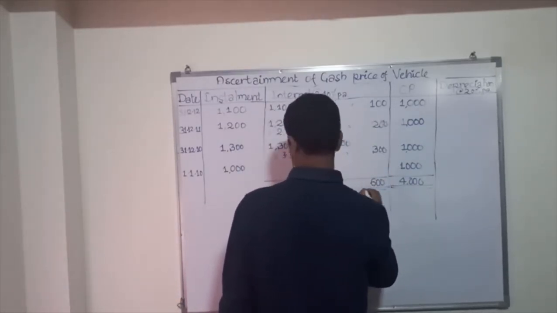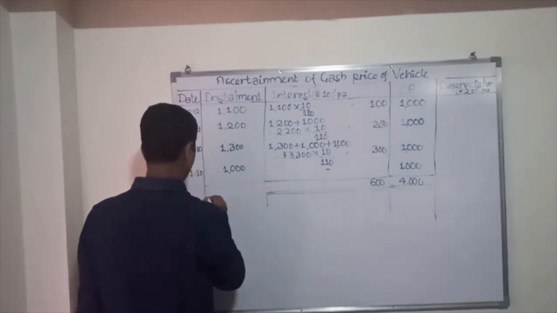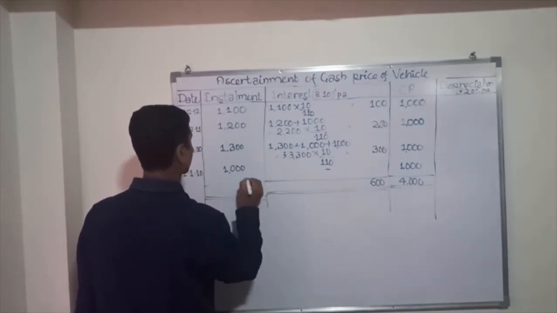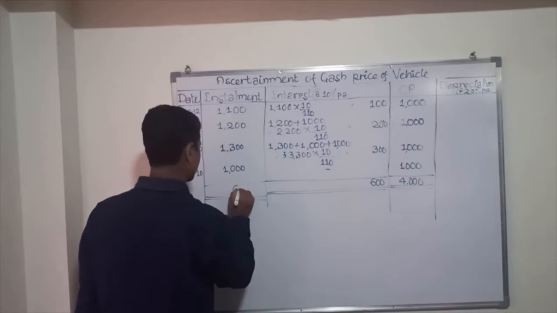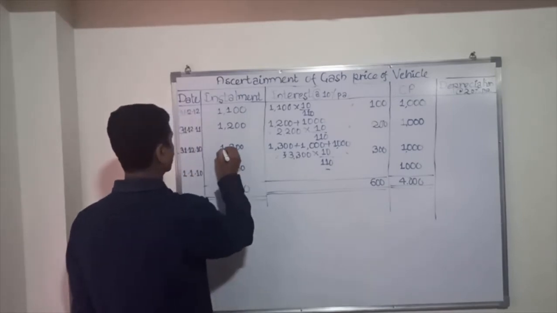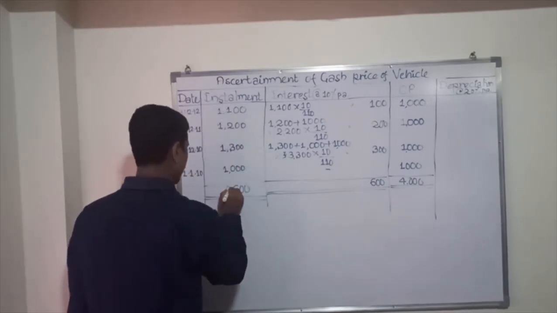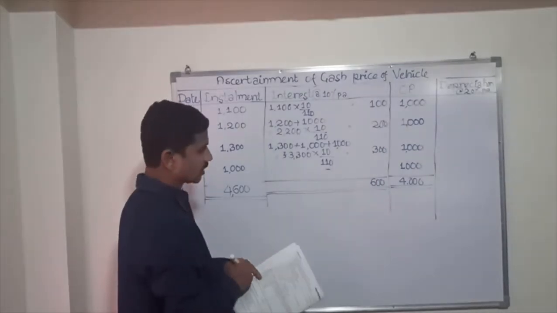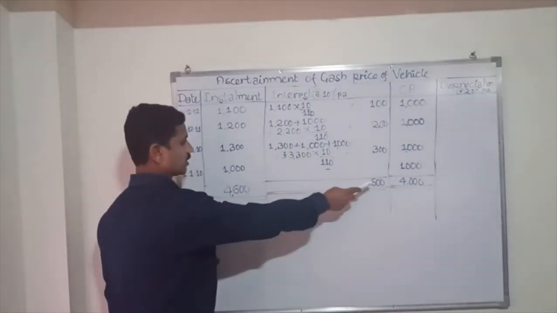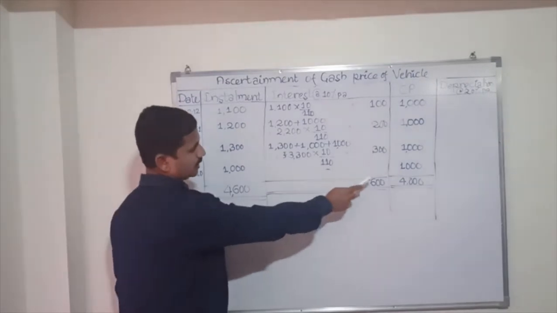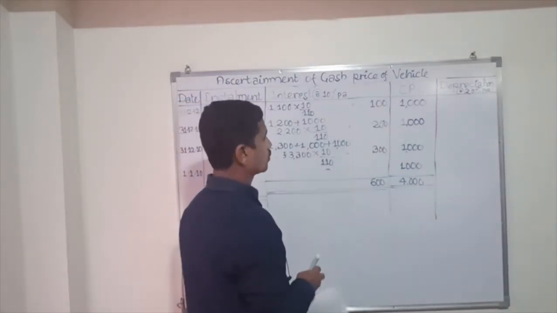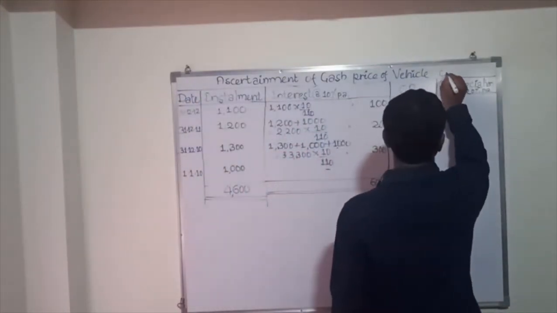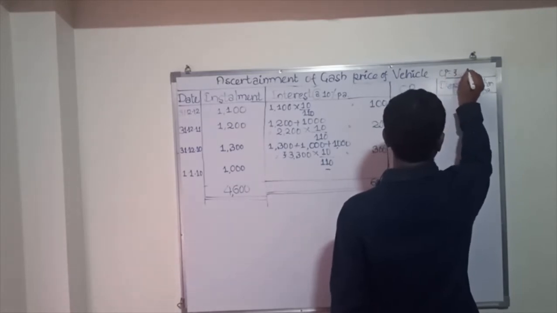Then let's do the totaling in the installment column. 3 plus 2, 5 plus 1, 6, so 600. 1 plus 1, 2, 2 plus 1, 3, 3 plus 1, 4. 4600. You can also check it out: 4600 minus 600 will get 4000. So which we arrive at here, cash price rupees 4000.